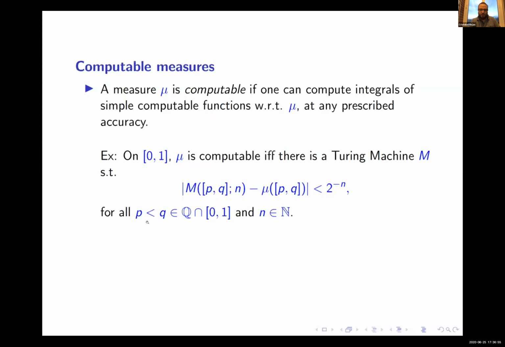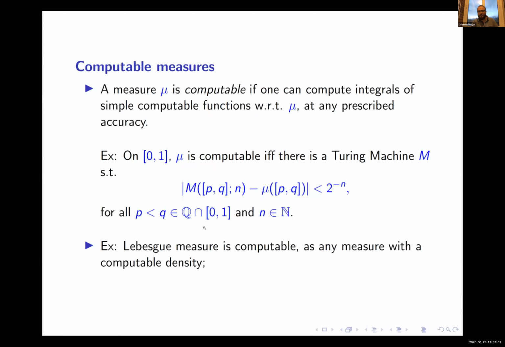And the machine has to work for all rational intervals and precisions. So from this definition, we immediately see that Lebesgue measure is a computable measure, and any measure with a computable density will also be a computable measure.